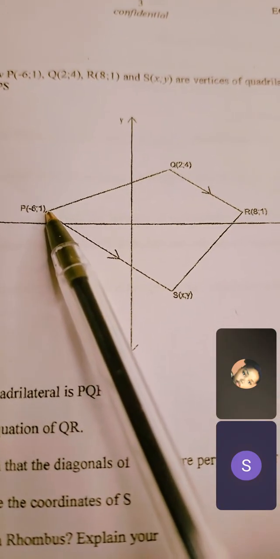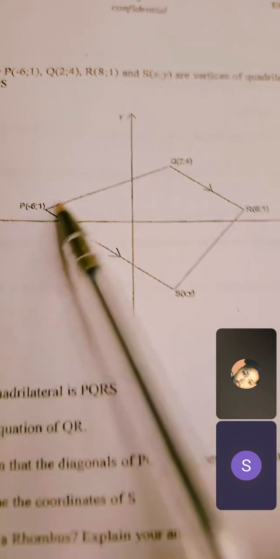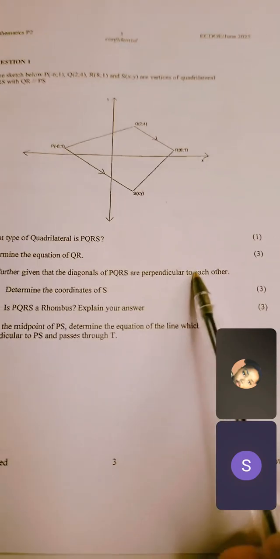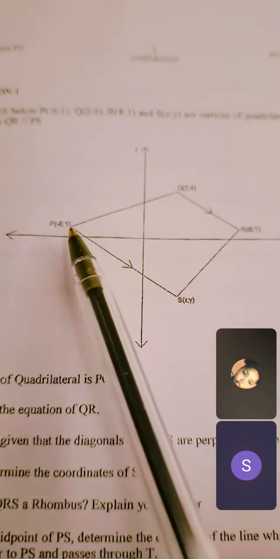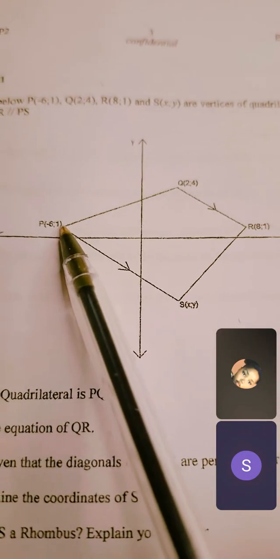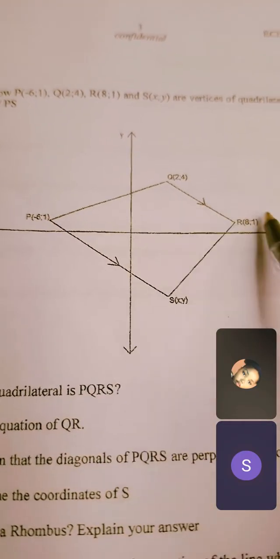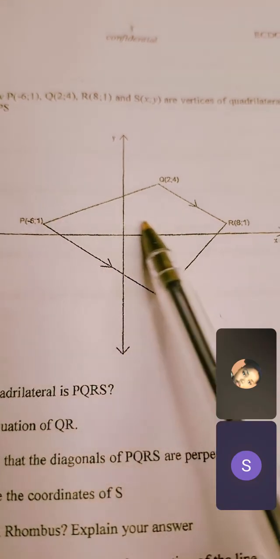Had I observed the points a little more closely, the minute they said the diagonals of PQRS are perpendicular to each other, I look at the diagonals. What do we observe? This diagonal is horizontal, because it has the same y values. A horizontal line has a constant y value.